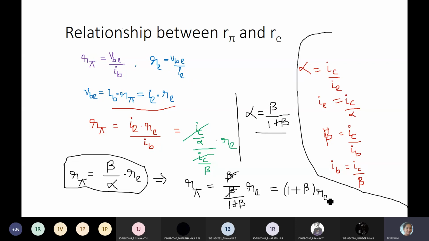Okay, so this is another expression for R pi. There are two expressions for R pi: beta by alpha into RE, and 1 plus beta into RE. From this, what is RE?